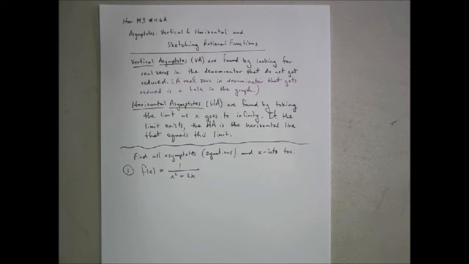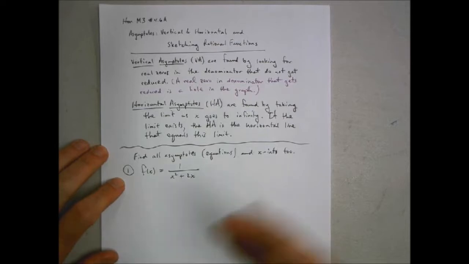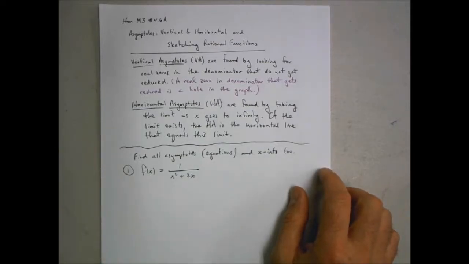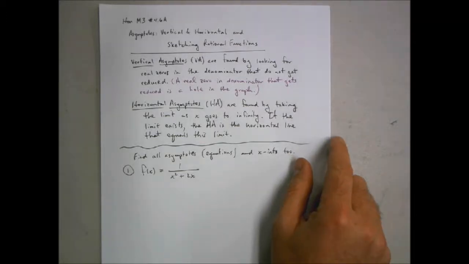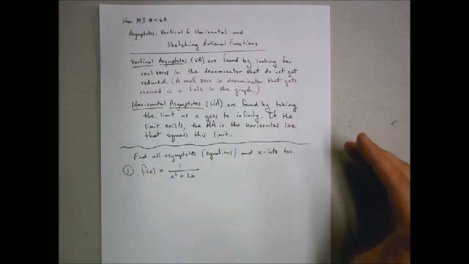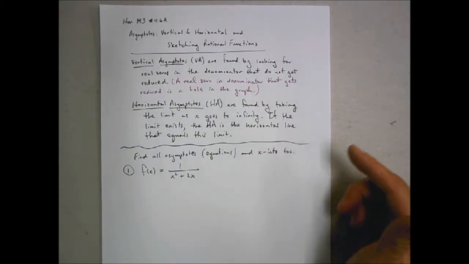Now, vertical asymptotes are found by looking for the real zeros, not the imaginaries, but the real zeros that are in the denominator of a rational function. If a real zero in the denominator does reduce out, it is no longer a vertical asymptote.